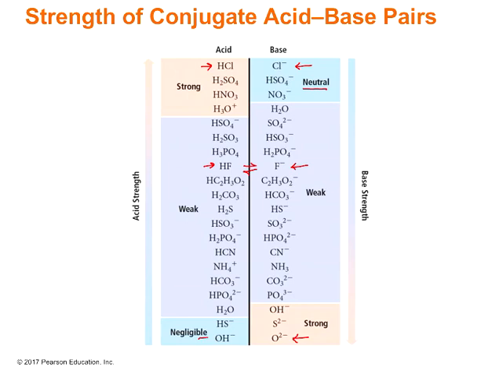And then its conjugate acid is the hydroxide ion. And we know that the hydroxide ion does not act as an acid. It prefers to act as a base. So that means that the conjugate acid of a strong base is negligible. So it's not going to act as an acid, at least not to a significant extent.